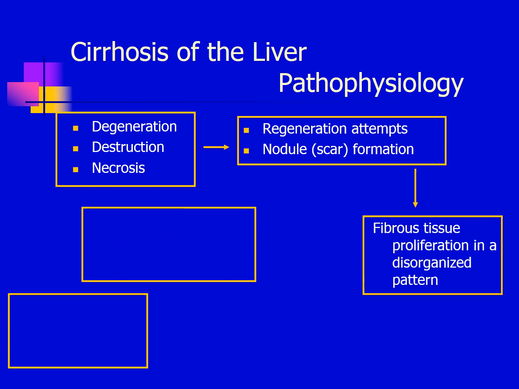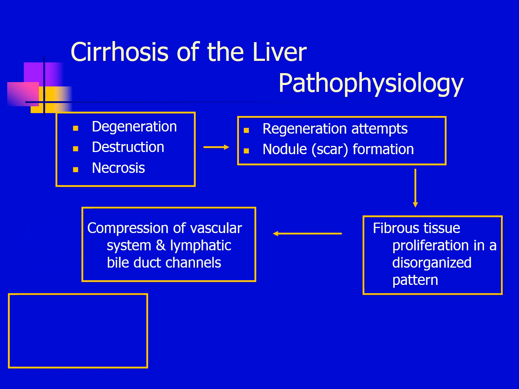And this scar causes fibrotic tissue in a disorganized pattern, which leads to compression of the vascular system and the lymphatic and bile ducts, because the ability of the liver to drain and store and synthesize things is no longer there.